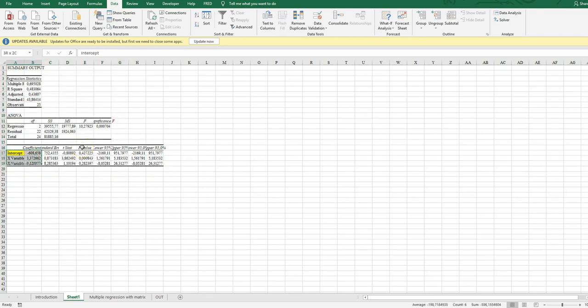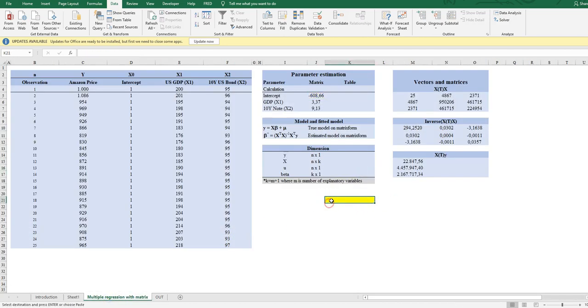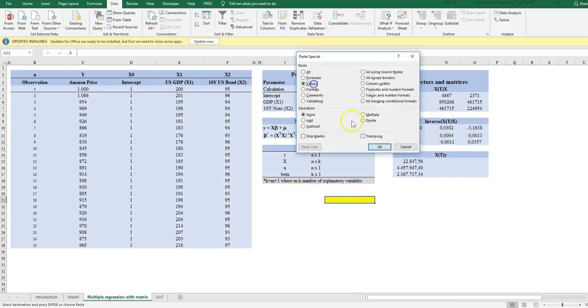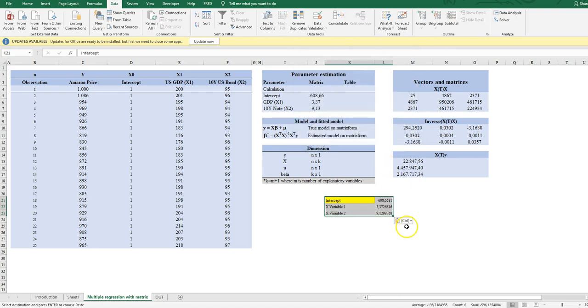Okay, so here we got the results. I'll just copy paste. Minus 608. Okay, so it was correct. The difference obviously being because I just changed somewhat one of the inputs.